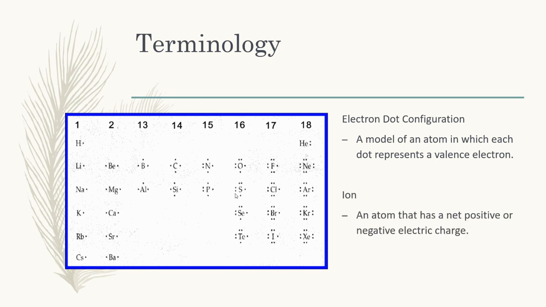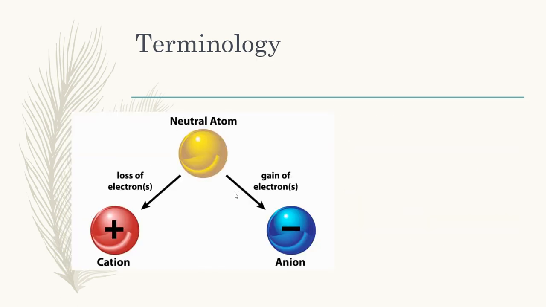Next term is ion. It's an atom that has a net positive or negative charge. This is from either a gain or loss of electrons. So let's look at the specific ions.